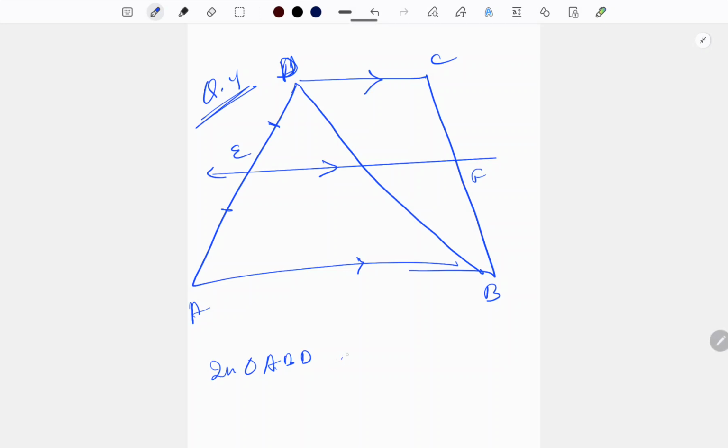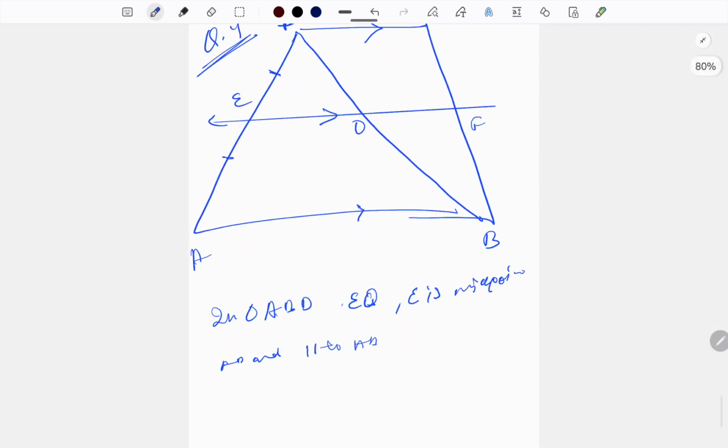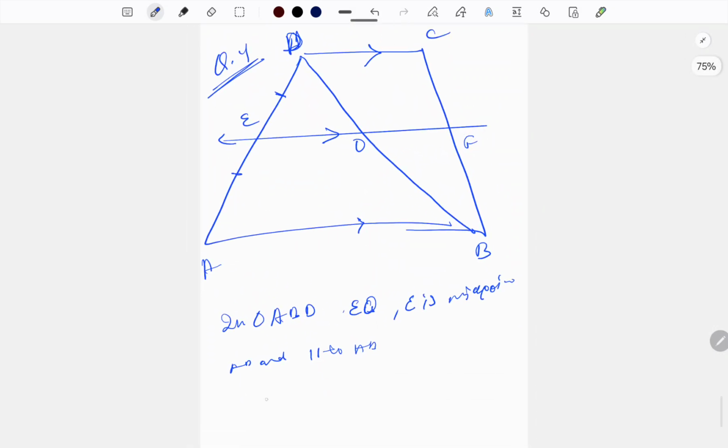So EF meets BD at O, drawn such that E is the midpoint of AD and parallel to the third side AB. Therefore DO will be equal to OB. This is by theorem.